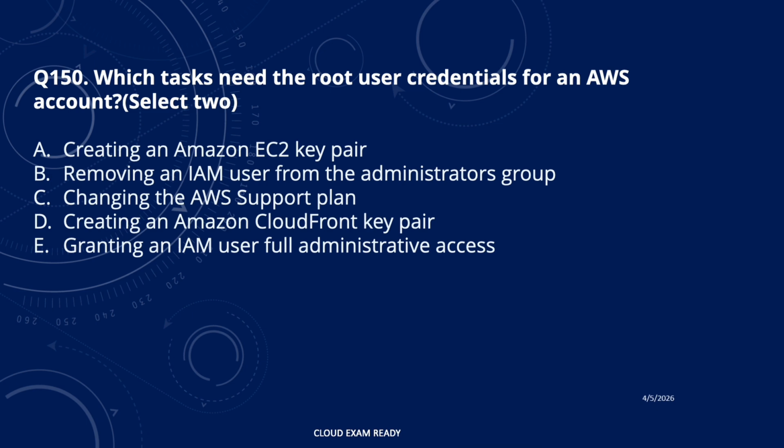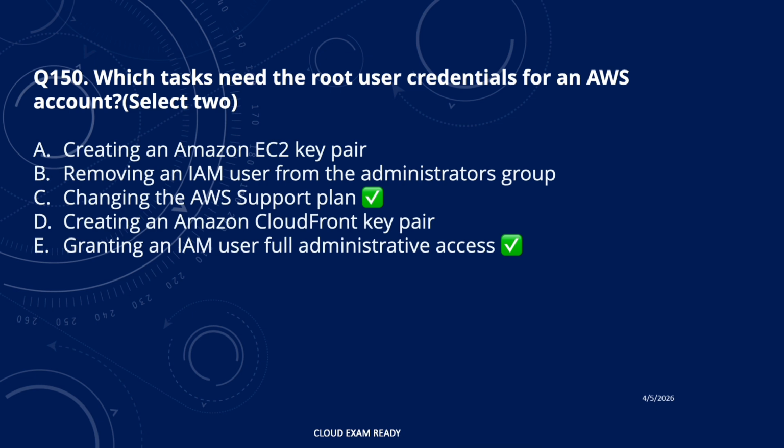And option D, creating an Amazon CloudFront key pair. And option E, granting an IAM user full administrative access. So the correct answer here is option C and option E. Option C is changing the AWS support plan, and option E is granting an IAM user full administrative access.